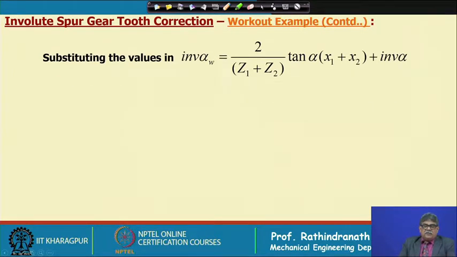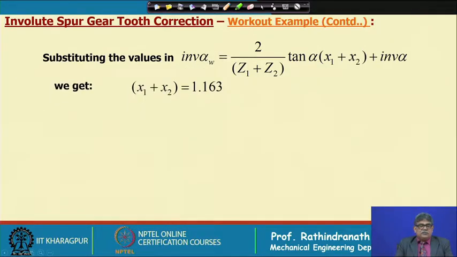Now, substituting the value in involute alpha w, the formula for involute alpha w, we can find: 2 by z1 plus z2 into tan alpha into x1 plus x2 plus involute alpha.